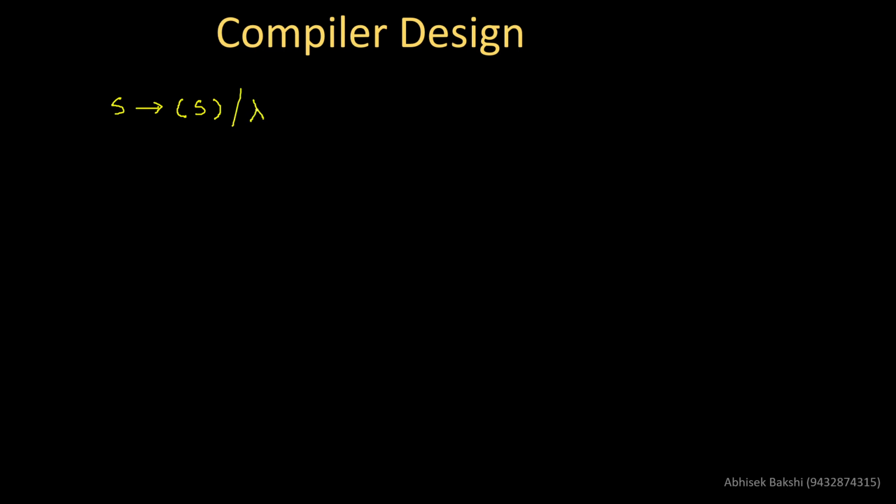So from this grammar, it is very clear to all of you that this particular grammar is generating a string like a to the power n, b to the power n, where a and b are complemented. I mean, only a number of opening braces, and then a number of closing braces, where the number of opening braces and closing braces should be the same.